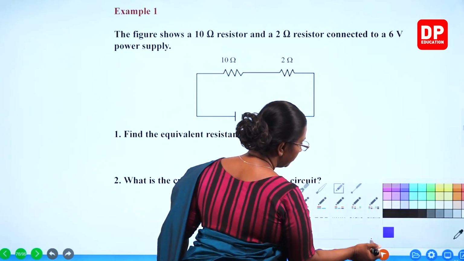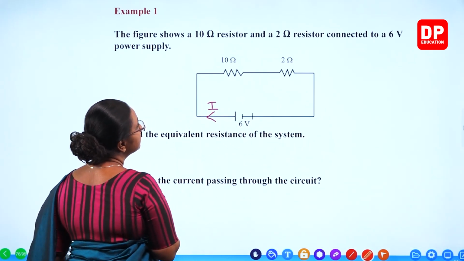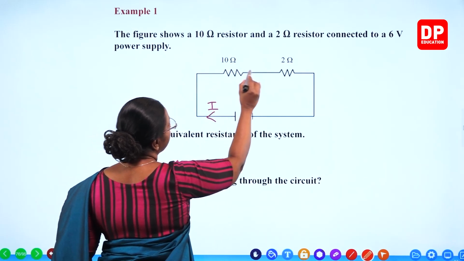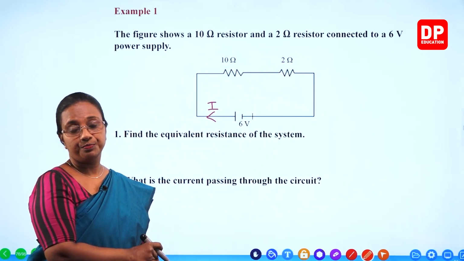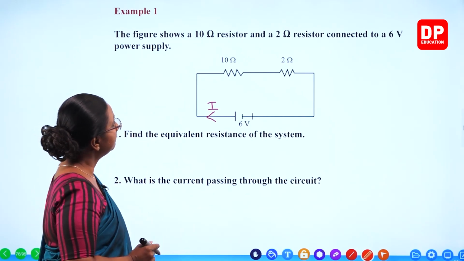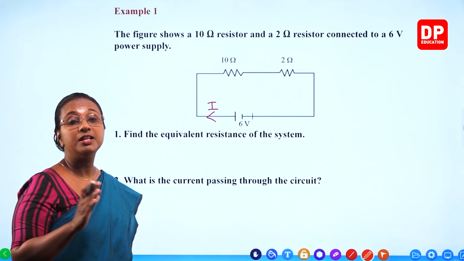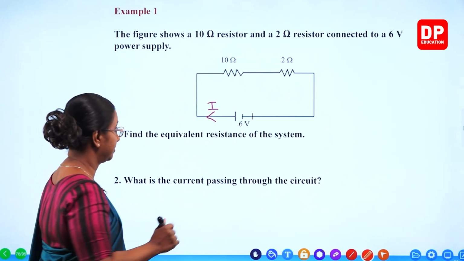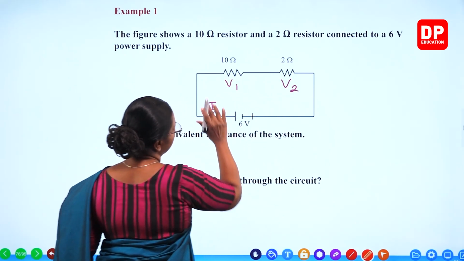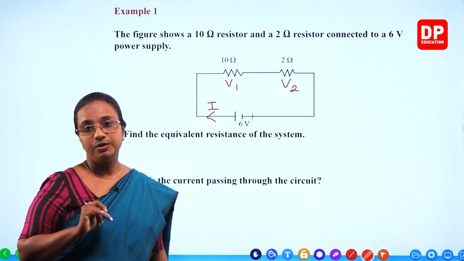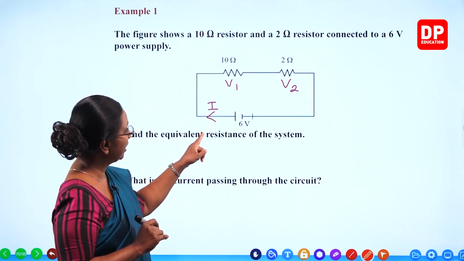So in this, you already know that the current is going to be the same. The same current I will flow through 10 ohm as well as 2 ohm. But the potential difference will be distributed according to the resistors. So this is going to be V1, this will be V2. Potential across the 10 ohm resistor is V1.